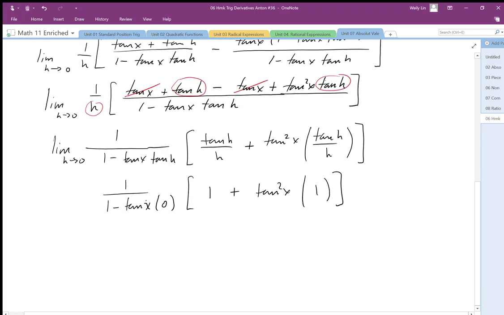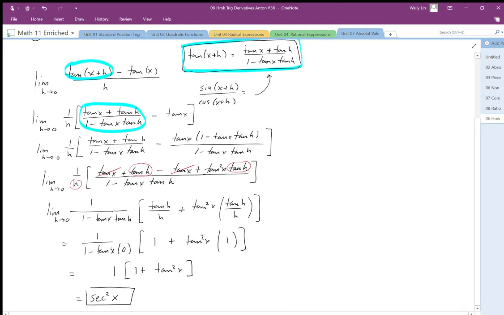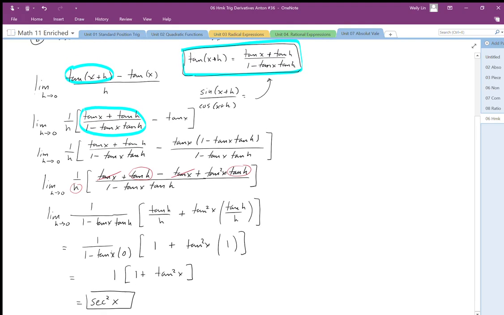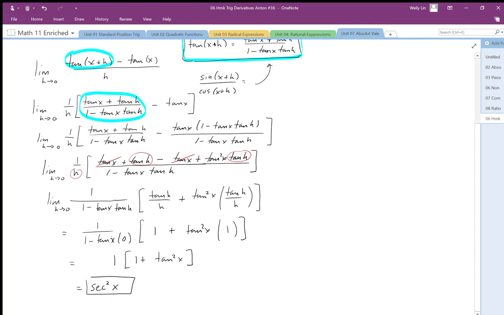So I end up with 1 times 1 plus tan squared x. This is an identity: tan squared x plus 1 is equal to secant squared x using the Pythagorean identity. Now we've shown, using the definition of the derivative or Newton quotient, that algebraically the derivative is equal to secant squared x, which is what we established as a formula.